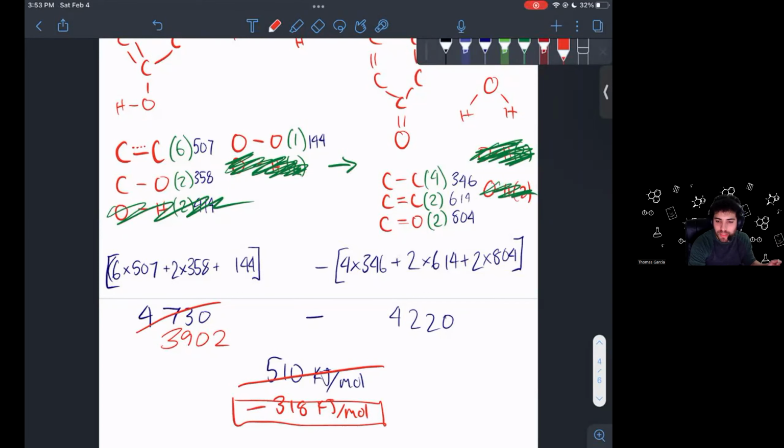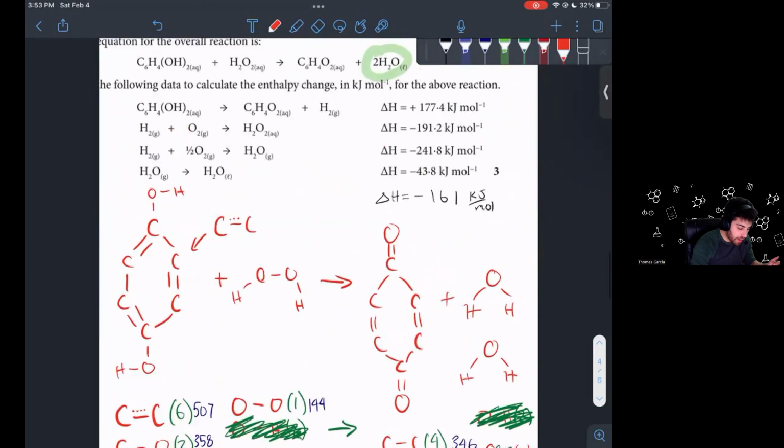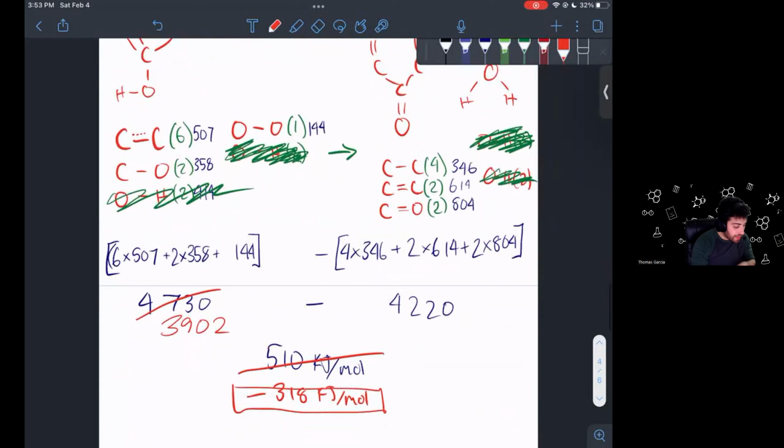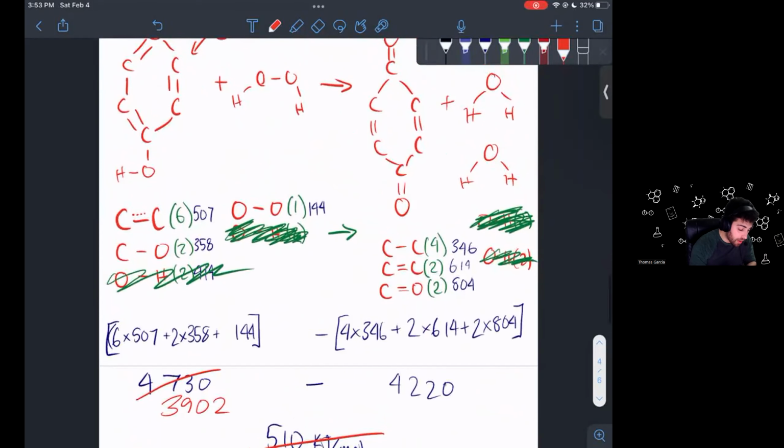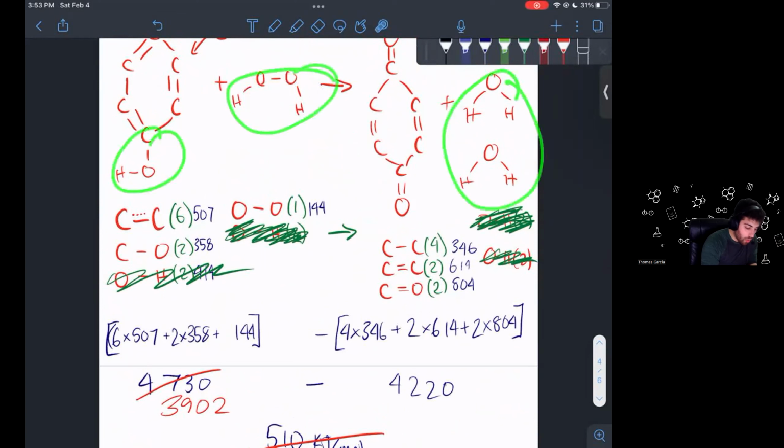Second, it's only about double of what our original one was, minus 161, which can easily be attributed to the fact that the bond enthalpies of our hydrogen-oxygen bonds in water and hydrogen peroxide, or water and the alcohol groups, shown here and here, versus our water ones, should actually be different.